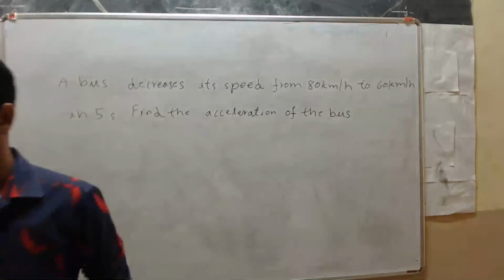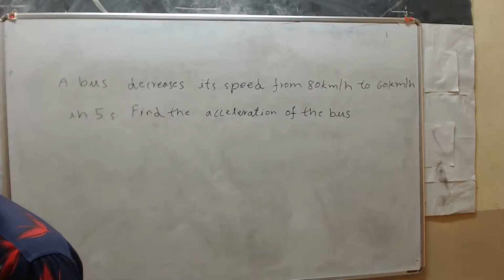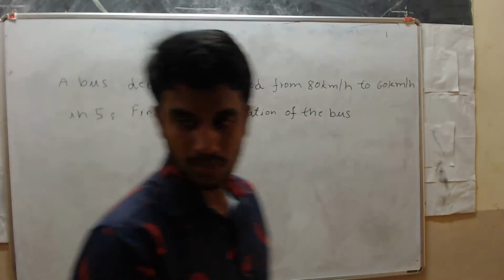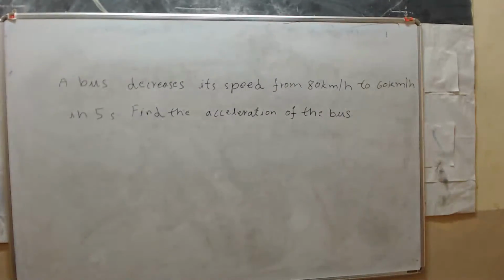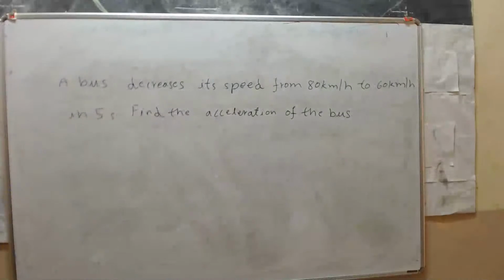Tell me, what is the answer for this question? First convert into meter per second. Obviously the speed goes from 80 to 60 in 5 seconds. Here velocity changes from 80 to 60, right?